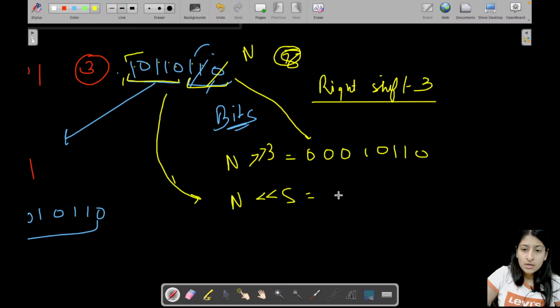When we did a right shift, we removed the last 3 bits. Now left shifting this number by 5. This is a little bit confusing, shift and rotation. So taking off the first 5 bits, the number that you're going to get is 110.